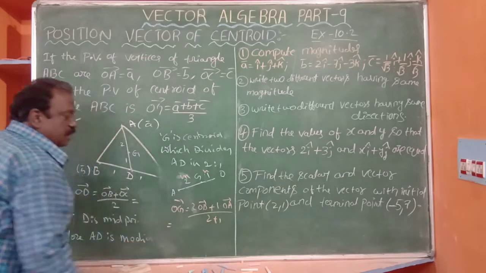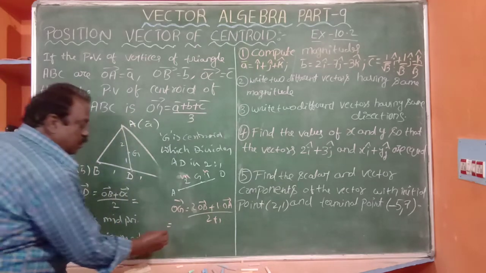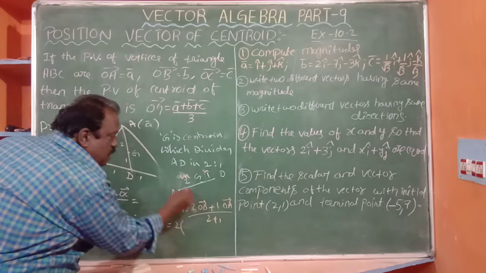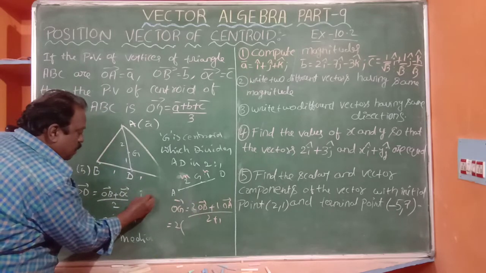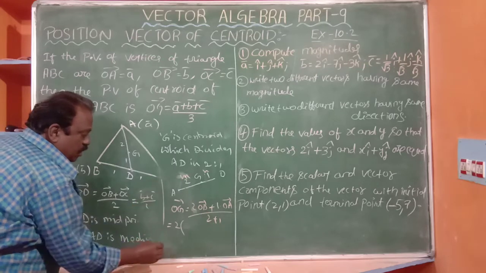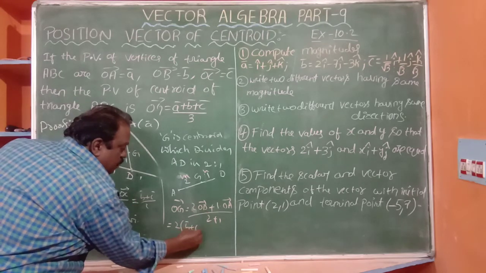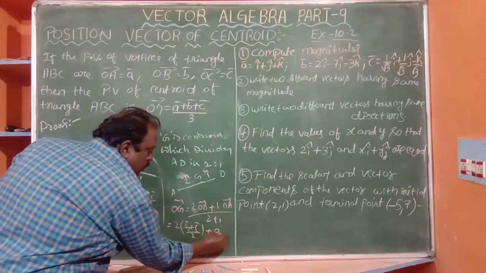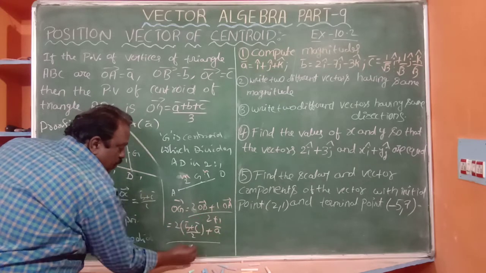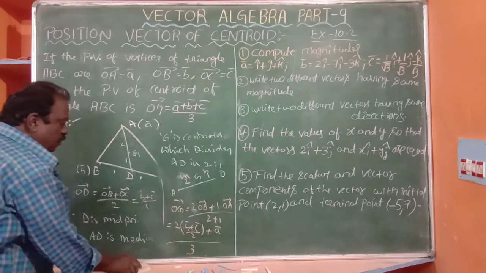That is m plus n. We know OD bar is B bar plus C bar by 2. So it is 2 into B bar plus C bar by 2, plus 1 into A bar, by 2 plus 1, which is 3.